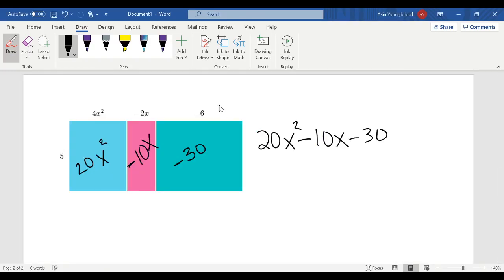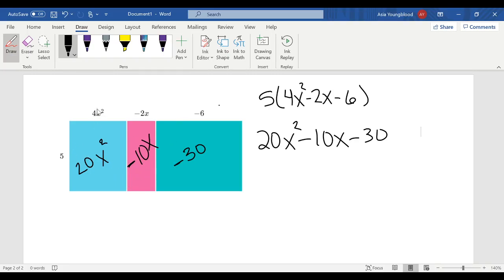So right here, we just solved another problem in our Khan Academy set. We were asked to multiply 5 times 4x squared minus 2x minus 6. So again, because the 5 is by itself, it's here by itself. Because the 4x squared, negative 2x, and negative 6 are grouped together, they are on the same side of the rectangle. So now we're going to find the whole area, or this whole multiplication, by finding the area of these smaller rectangles.